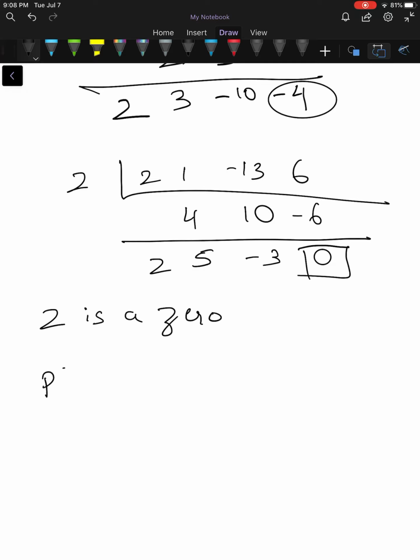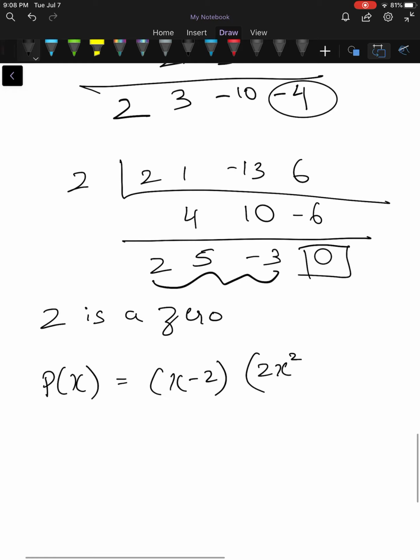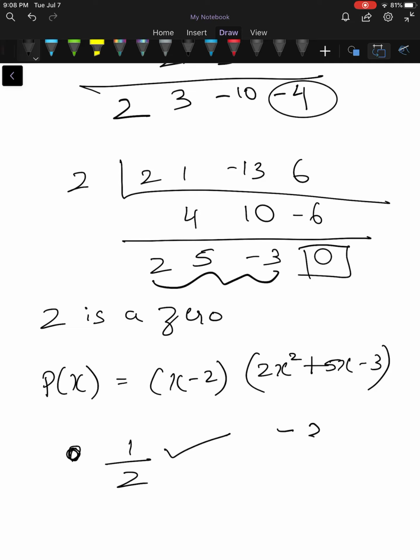That would be p of x is equal to x minus 2 times, you can use this to write the quotient, 2x squared plus 5x minus 3. If you continue this process, you will see that 2 we already found out, and 1 over 2 is a 0 and negative 3 is a 0.